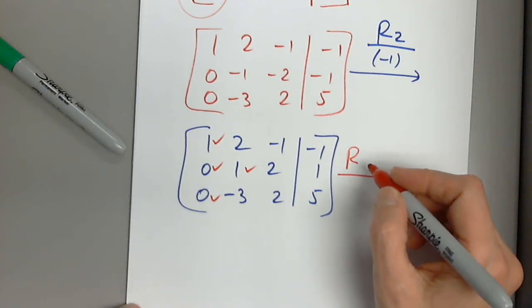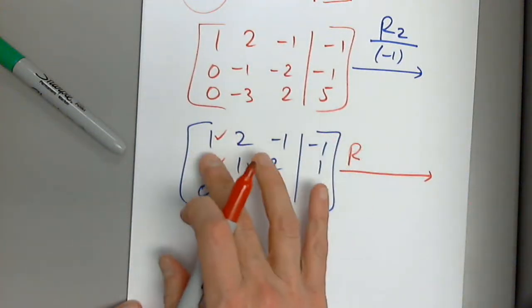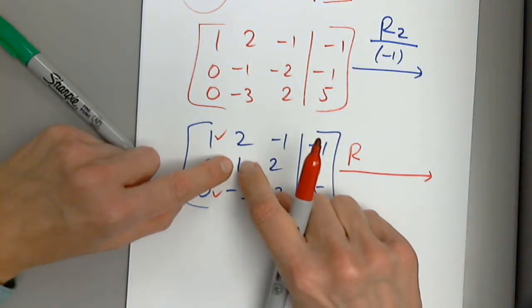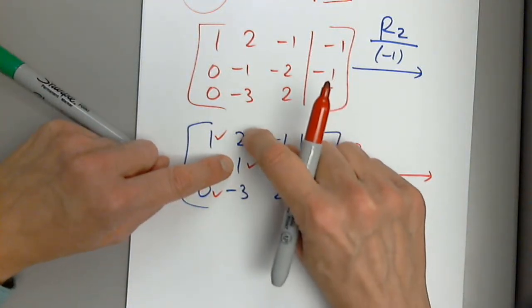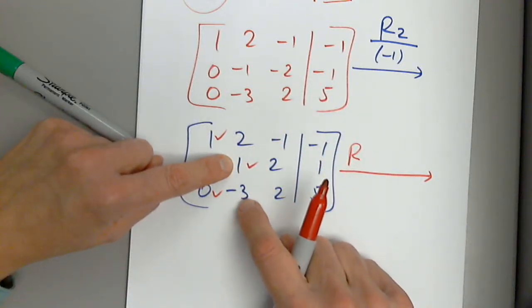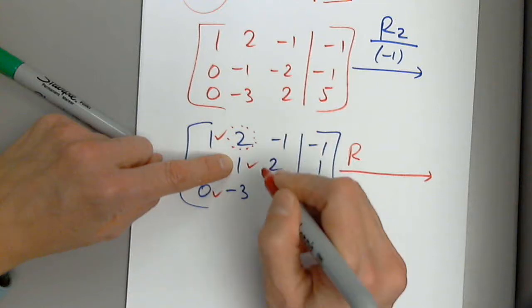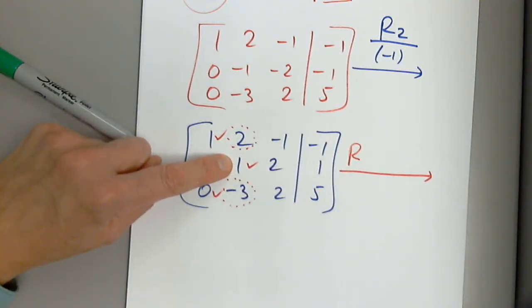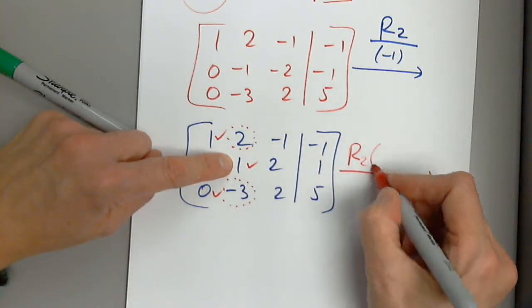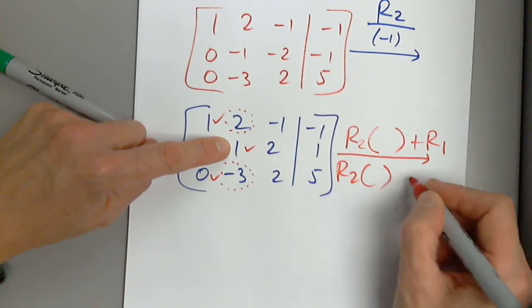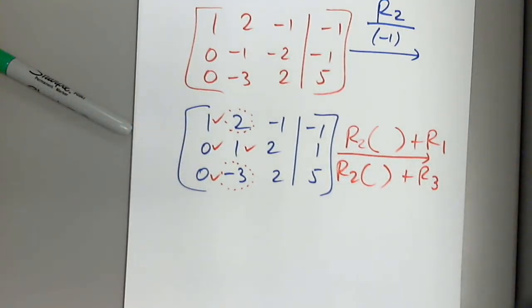Which of these 3 rows, row 1, row 2, or row 3, will I have to use in order to multiply this by a number and add it here and get 0, multiply this by a number and add it here and get 0, because that's my next step. 0 here and 0 here. Which row will I have to use? It has to be 2, exactly. So row 2 gets multiplied by something and added to row 1. Also row 2 multiplied by something else and added to row 3.